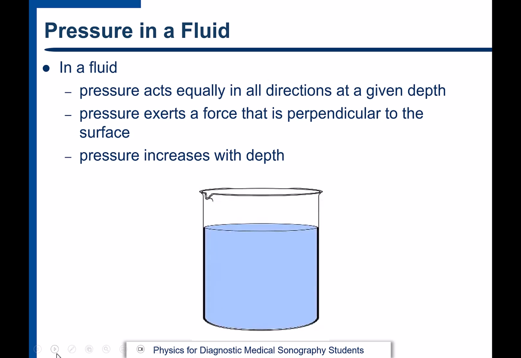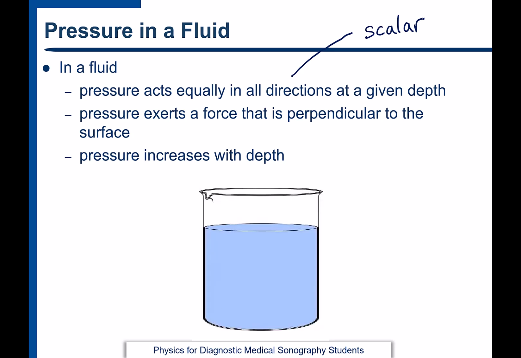So now let's look at pressure in a fluid. In a fluid, the pressure acts equally in all directions at any given depth. Remember how we said that pressure is not a vector, it's a scalar. This is why we say it, because it doesn't act in a particular direction, it acts equally in all directions.